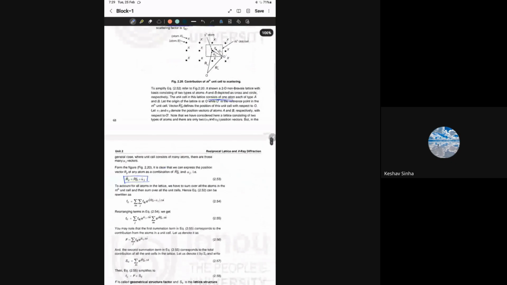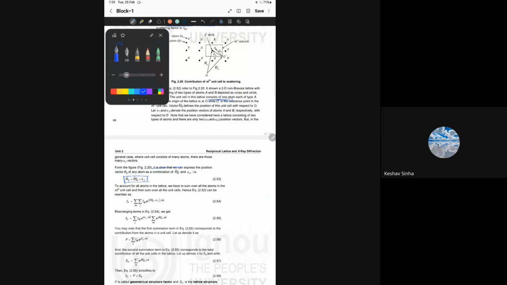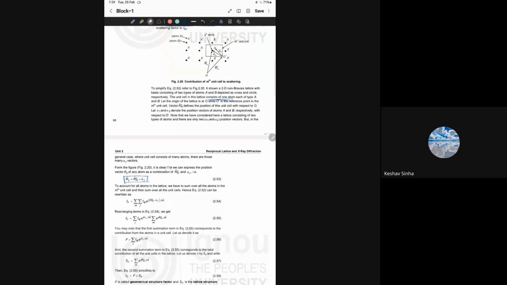What is R_cm and what is alpha_j? R_cm defines the position of the unit cell with respect to O, and alpha 1 and alpha 2 denote the position vectors of A and B respectively with respect to O prime.